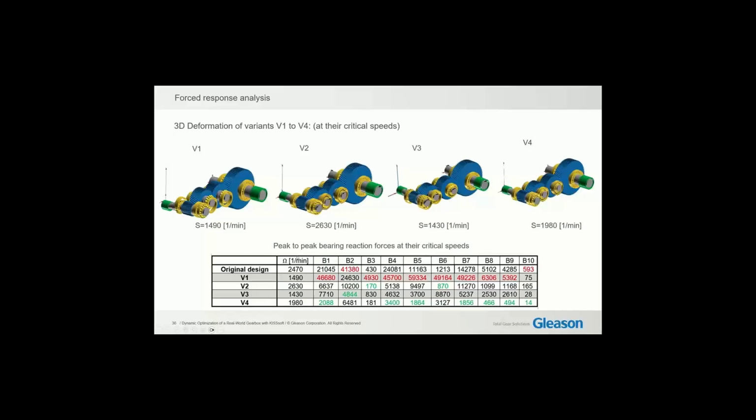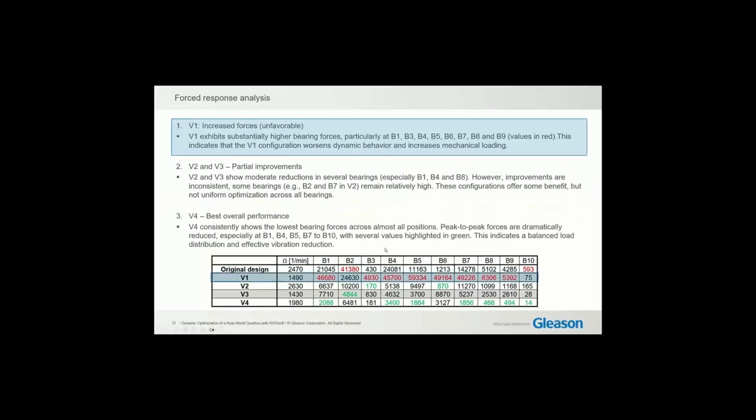Here I also summarize the peak-to-peak bearing forces at critical speeds. For each bearing, I showed the highest peak-to-peak force in red and the lowest in green. And when you compare, variant V1 is even exposed to higher bearing forces compared to the original design.